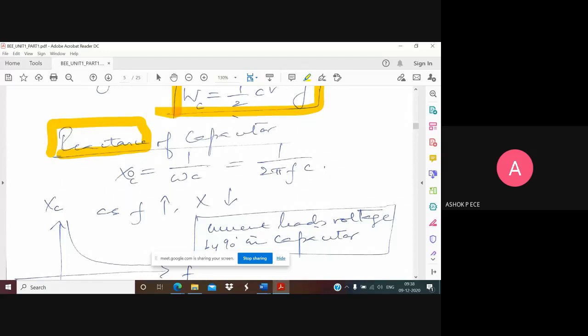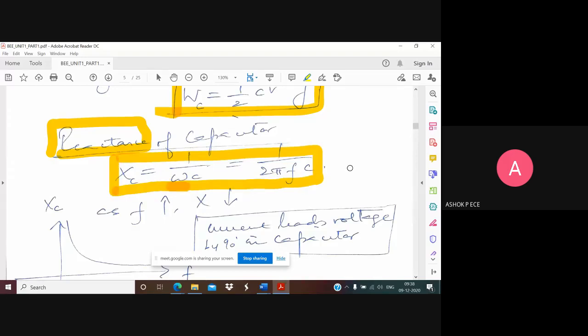The reactance of capacitance is given by Xc equal to 1 by omega C. Omega is the angular frequency, and I can replace omega by 2 pi f. So Xc is 1 by 2 pi fC. So whenever you're dealing with AC circuits, if a capacitance and frequency are given, I can say how much reactance the capacitance is going to offer to that particular sinusoidal input.